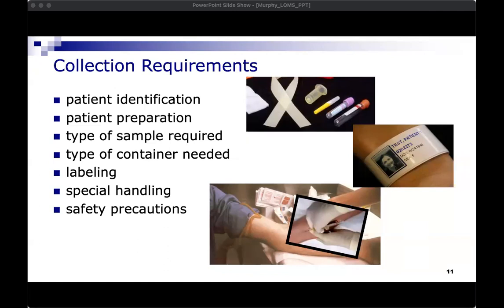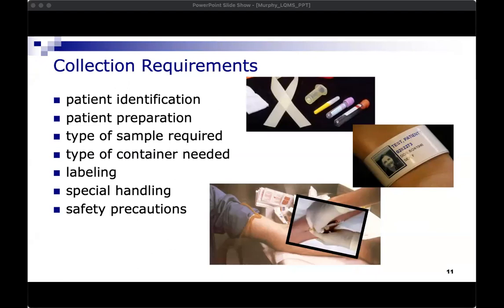Or also, if they are in an inpatient setting, you can use a wristband or other type of ID. Patient identification is a really, really important and critical step. We will talk more about this when it comes to labeling, but making sure you're collecting the correct sample from the correct patient is extremely important and can have a big effect on patient outcomes.